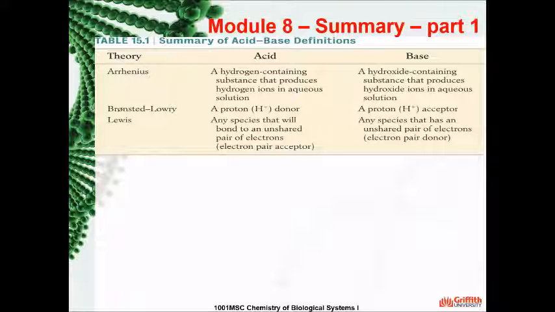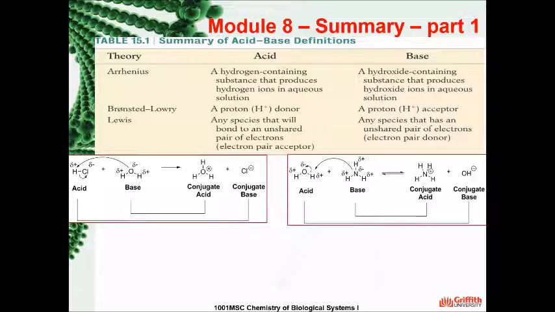Bronsted-Lowry theory defines acids as proton donors and bases as proton acceptors. We also introduced the concept of conjugate acids and conjugate bases. The conjugate acid has one extra proton than the base. We can also say it is more positive than the base. The conjugate base has one less proton than the acid, so we can also say it is less positive than the acid.